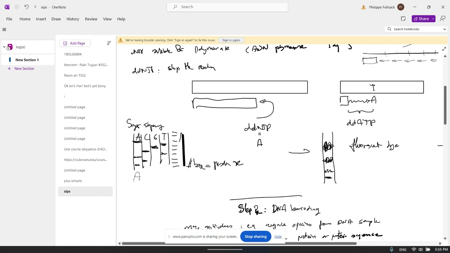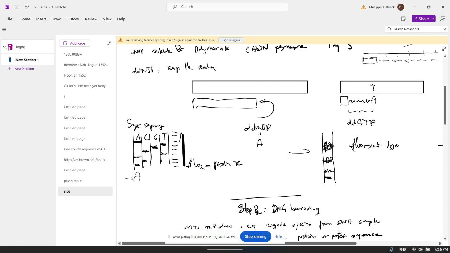So what happens is that in the first tube, you only generate segments where the polymerization stops at A. So all the segments finish at A. In tube 2, all segments finish at C. Tube 3, all segments finish at G. And tube 4, all segments finish at T. Then you put the products of your reaction onto a polyacrylamide gel and do an electrophoresis.